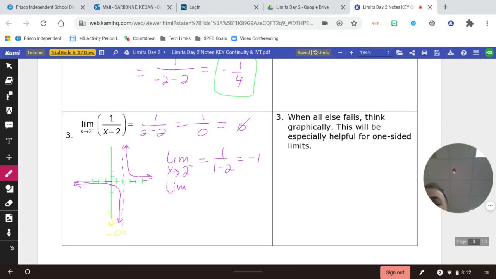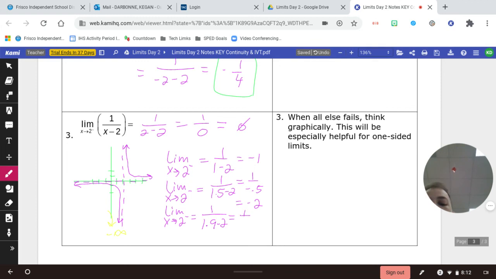So the limit as x approaches 2 from the left side, let's plug in 1.5, just a little bit closer. Well, that's going to give me 1 over negative 0.5, which would be equal to negative 2. If I did a little bit closer, the limit as x approaches 2 from the left side, let's plug in 1.9.